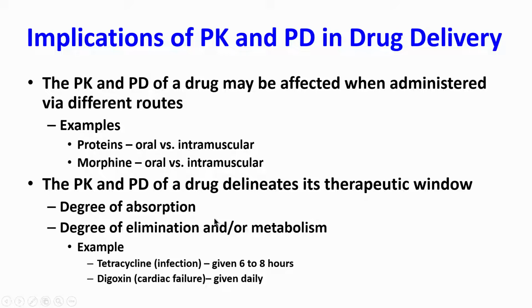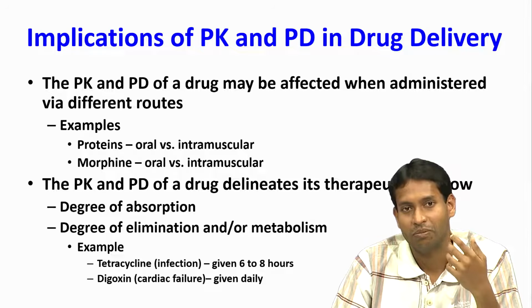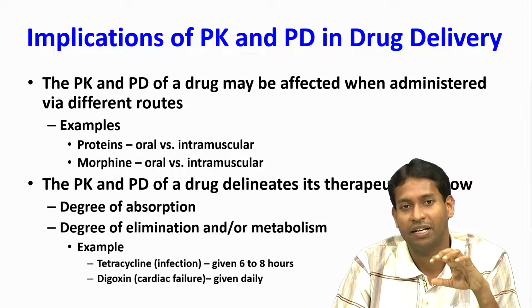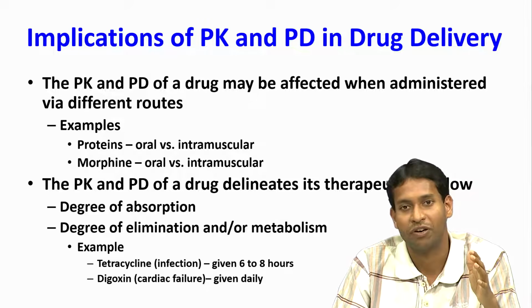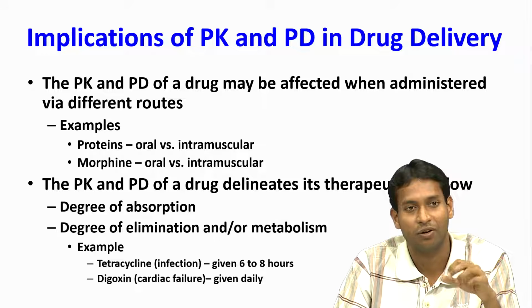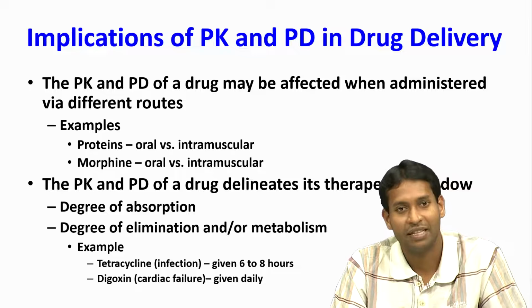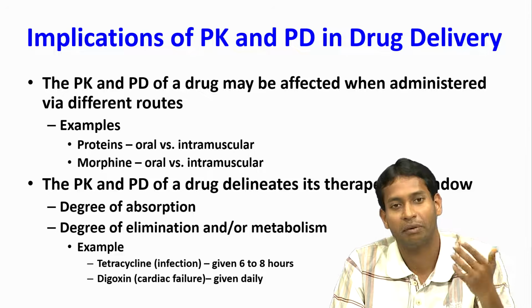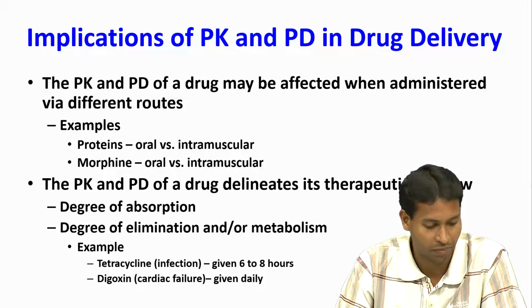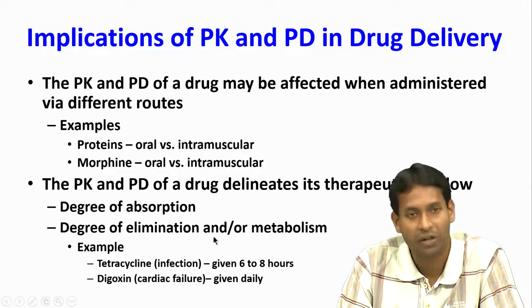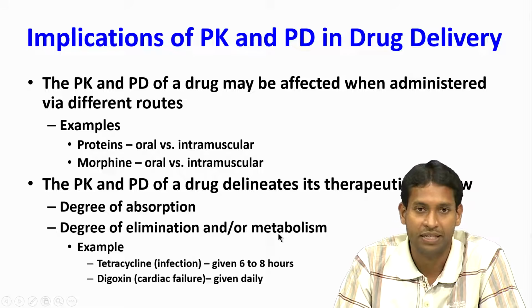Let us say if I give a drug X, 100 milligram of it, and only 10 milligram of it gets absorbed, then that helps me define how much drug I should give, because if I want finally in my blood a concentration of a total of 10 milligram, then 100 milligram is okay, but if I give less than that, then I will not be able to get to the therapeutic levels that may be required. And then of course, it also tells you at what rate it is eliminated or metabolized.